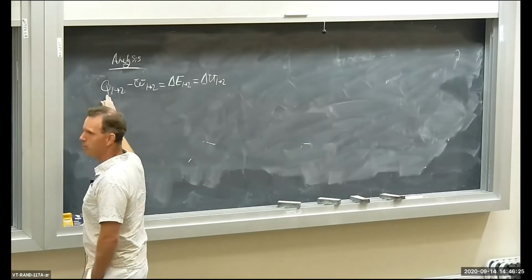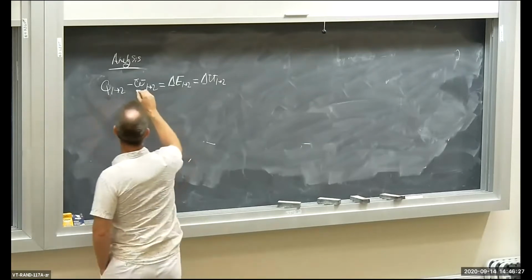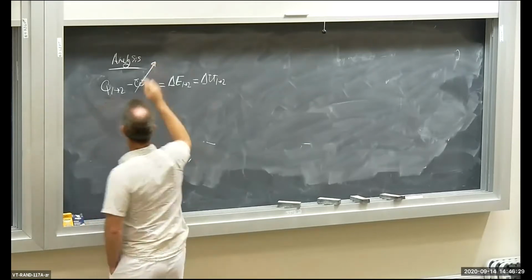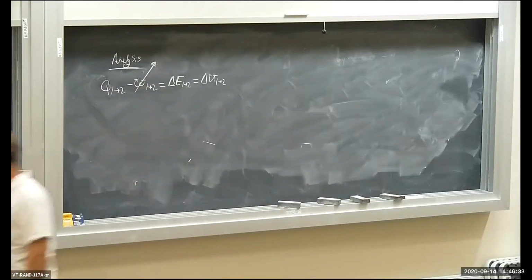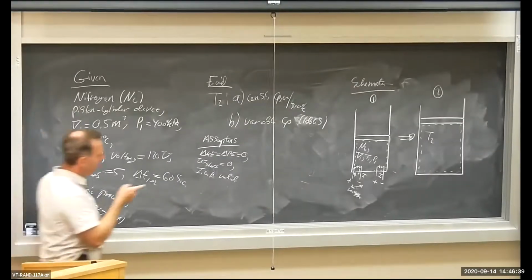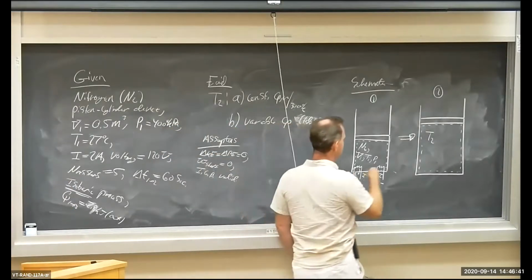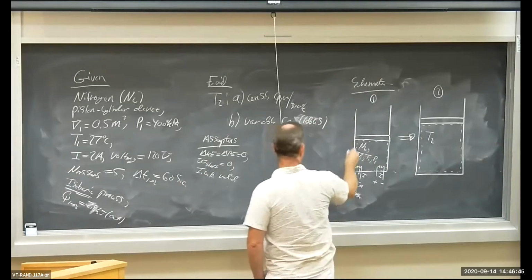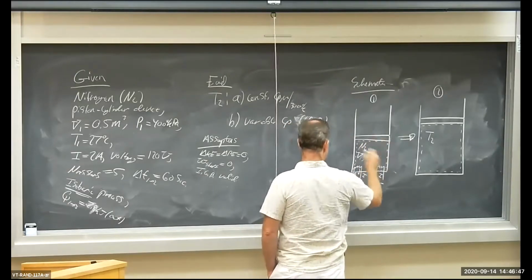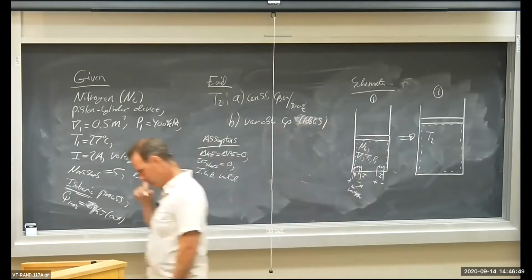I have some heat transfer. What is the work? What's the work term that's going on here? Well, I've got some electric wires, so clearly I have some electric work, and I also have some boundary work going on because the system, my nitrogen, so here's my system in the dashed line, the nitrogen is expanding.